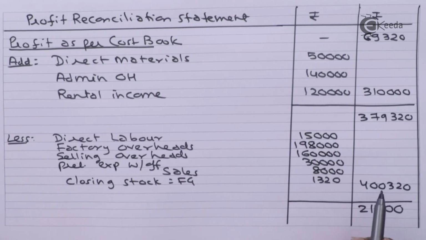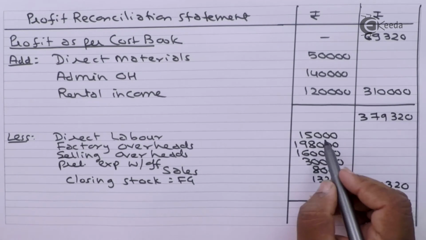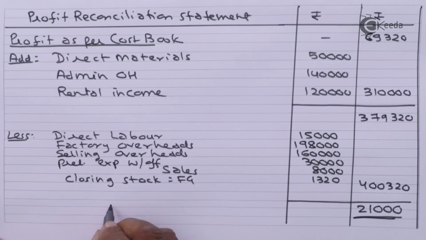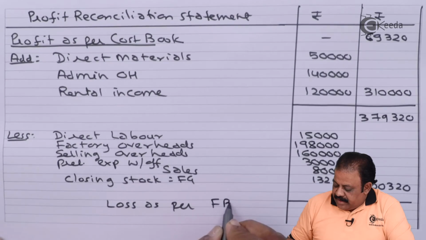So we have added plus items, we got 3,79,320. Negative items we have subtracted. Finally we got 21,000. That is negative figure, loss as per financial book.